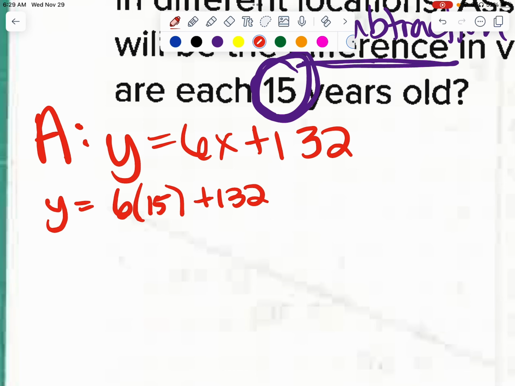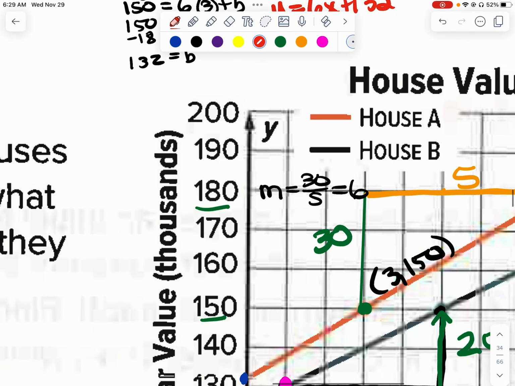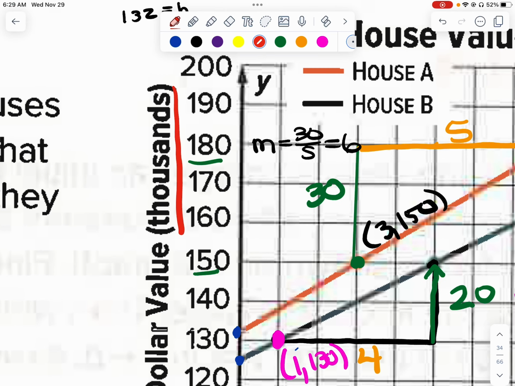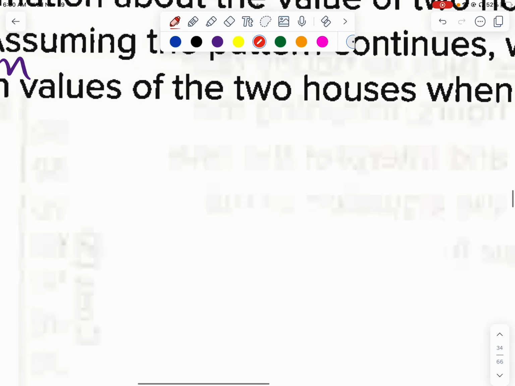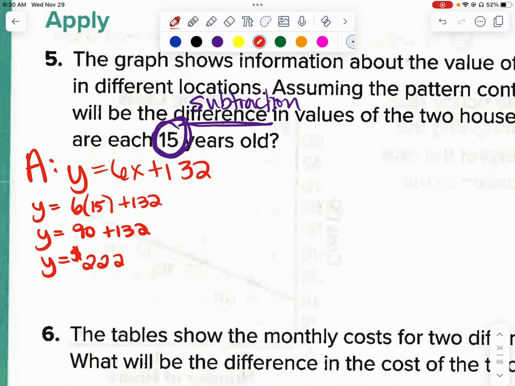So if I take 6 and multiply it by 15, I'm going to get 90 plus 132. So that's going to get me $222. Well, be careful because doesn't this say in thousands? But we don't want to deal with all the zeros. So we're just going to deal with this without all the zeros right now.